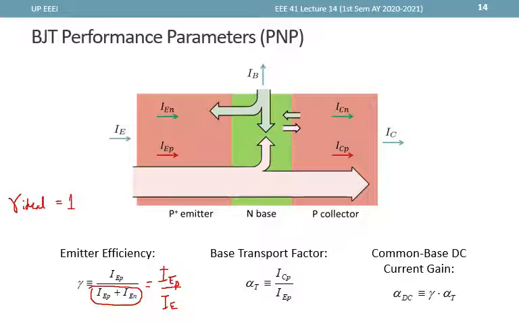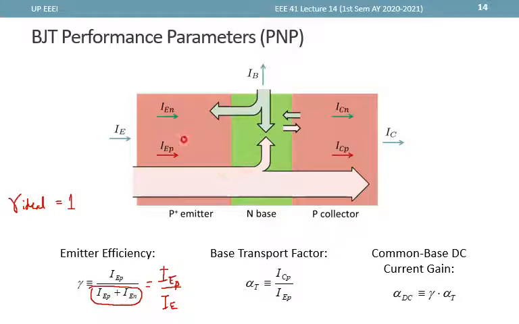For the next part, we have the base transport factor, or alpha T. This is the ratio now of ICP over IEP. And so ICP is this current here. We're actually assuming that most of this ICP is this current here and only a minimal of this current right here. IEP is the injected current here, and some of this IEP recombines into the base.